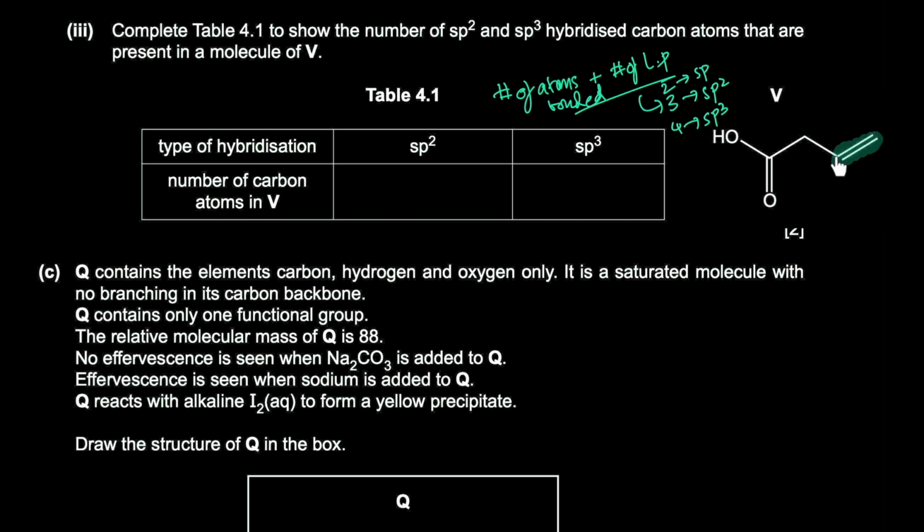This carbon is bonded to 3 atoms: a hydrogen, this, and then this carbon. And this carbon is also bonded to 3 atoms. So these are all sp2. I'll underline these. So we have 3 sp2 carbons, and then this one over here is sp3 because it's bonded to 4 atoms. So we have 1 sp3 carbon.